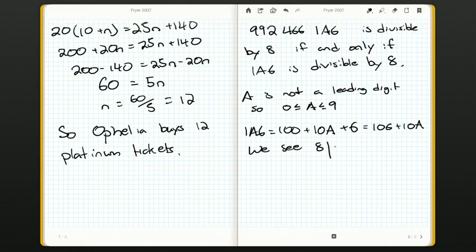And we see that 8 divides 104. You can double check that on your calculator. It's 13 times 8. And obviously it's going to divide 8A. And if 8 divides this, and we know 8 divides this, that tells us that 8 is going to divide what's left over.